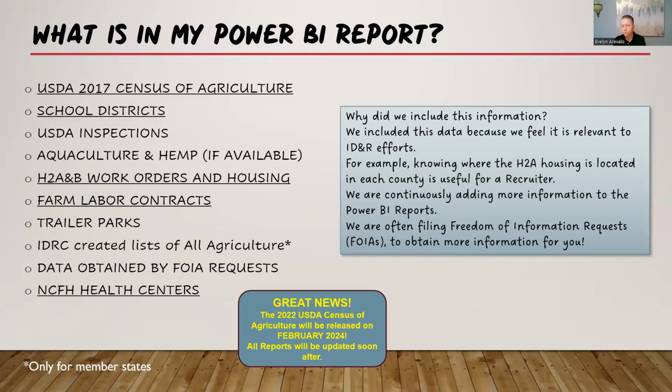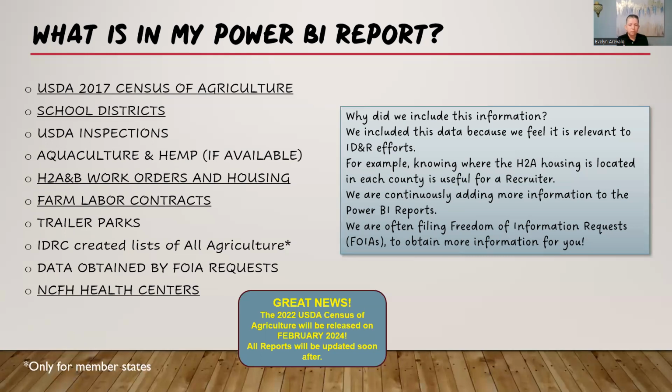And we also included information that we find by filing FOIA requests, and we also included just the NCFH health centers. And the reason why we included all of this information is because we believe it is relevant for IDNR. For example, knowing where the H2A housing is located in each county is super useful for a recruiter.